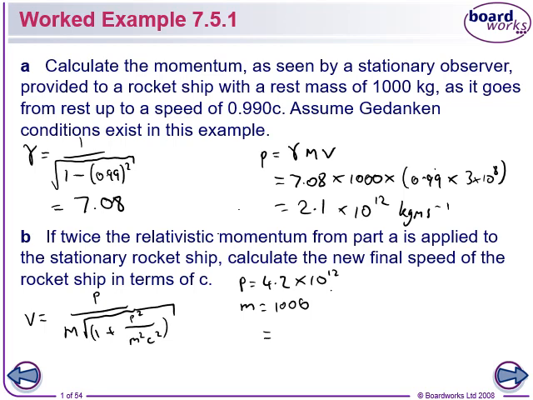Yep, 3 times 10 to the 8. And again, this calculator is problematic. If anyone has an answer, I'd love to hear it. So when you put this in, you should get a meters per second value. We can convert that in terms of c afterwards.